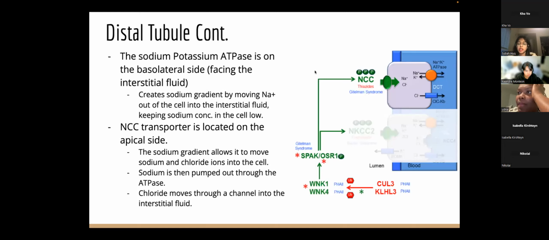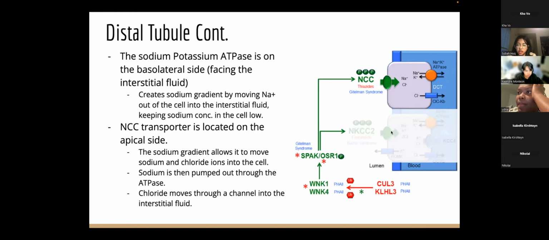Okay, so then a little more detail into the reabsorption process. It's similar, but a little bit simpler than the proximal tubule. It's more focused on just the solutes.